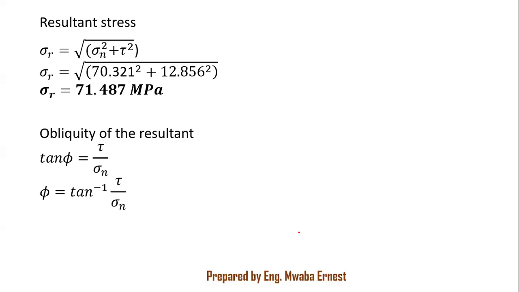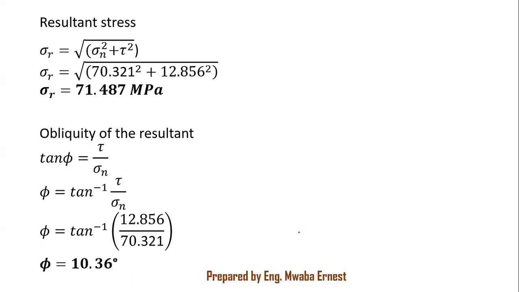So phi is tan inverse of the shear stress, 12.856, over the normal stress, 70.321. With this, our angle is 10.36. That's our obliquity, or the angle of obliquity.